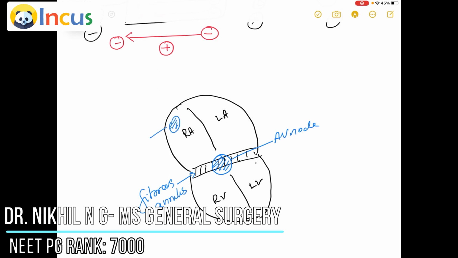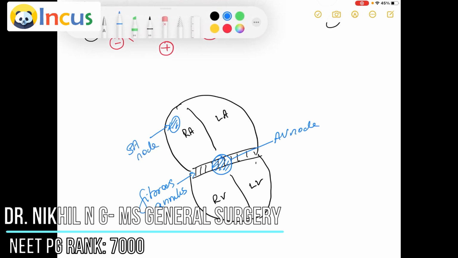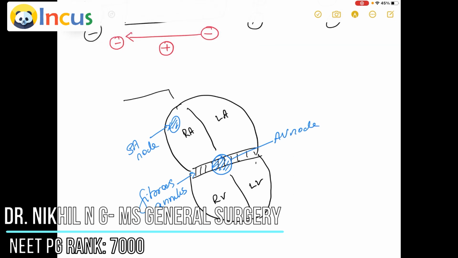This is the SA node. So we shall see what happens here. Here we have connected this heart to the ECG machine through the limb leads and the chest leads. This is terminal A, the nodal end, connected to the negative charge. This is the ventricular end, terminal B, connected to the positive charge.